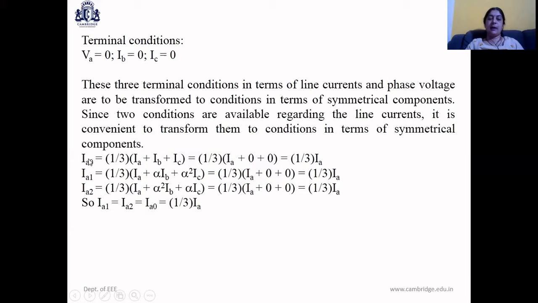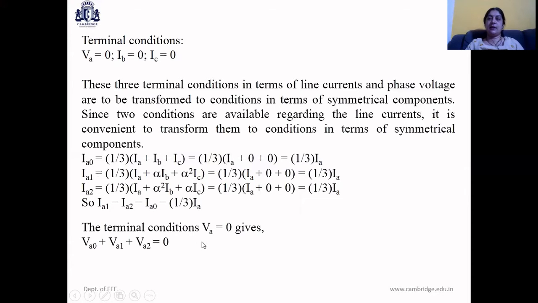So, from the above three expressions, we can make out that the positive sequence current IA1 is the same as the negative sequence current IA2, which is the same as the zero sequence current IA0, and all these three values are equal to 1 by 3 times of IA. That means to say the same amount of current is flowing in the positive sequence network, in the negative sequence network and the zero sequence network.